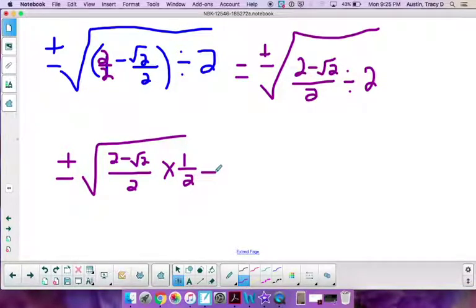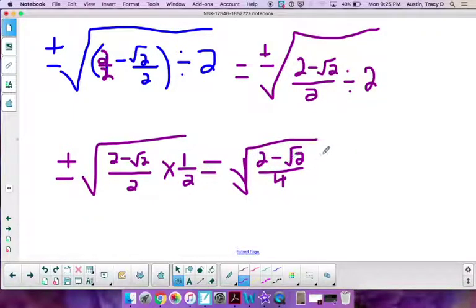Okay, almost done. So now we can make this into one fraction that we can simplify. So that's going to be 2 minus root 2 over 4. And remember that if you have the square root of a fraction, you can separate the fraction out, as far as taking the square root of the top and the square root of the bottom, if it helps you simplify it.